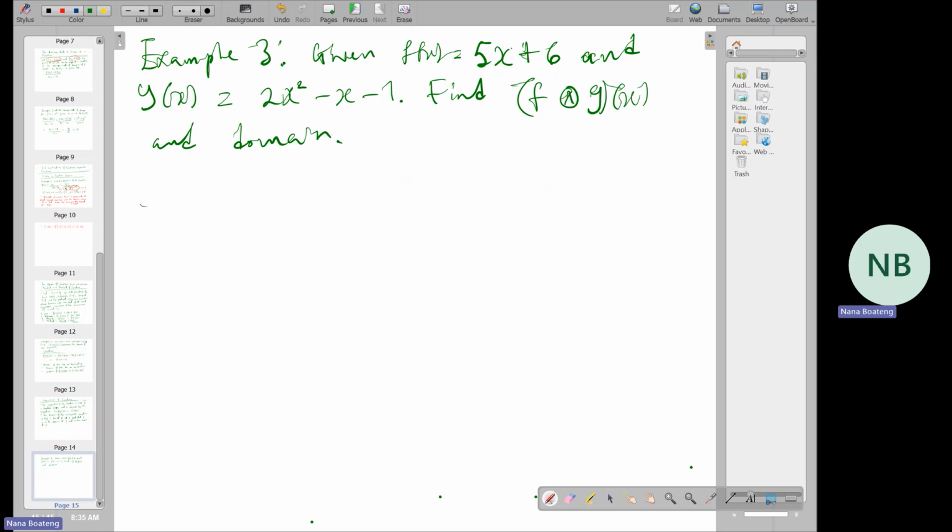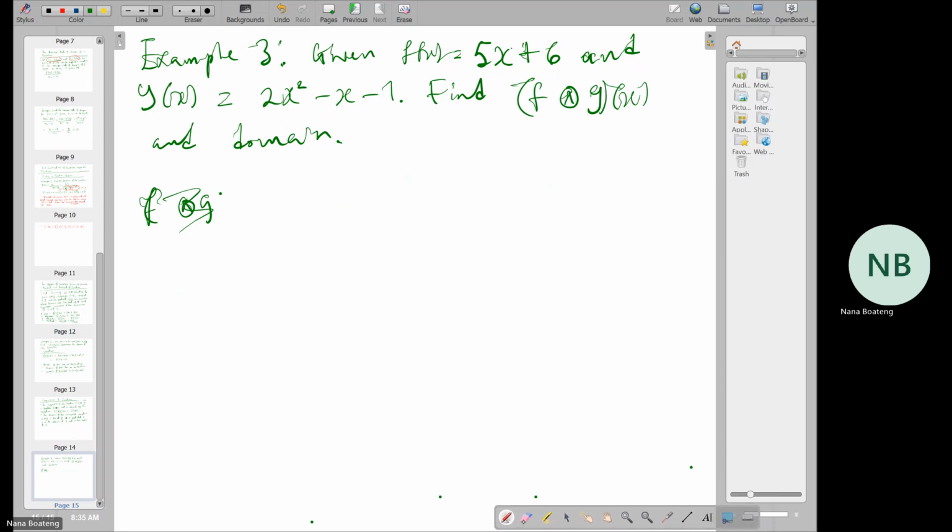Okay, so f composition of g, or f of g of x, is the same as f of g of x.